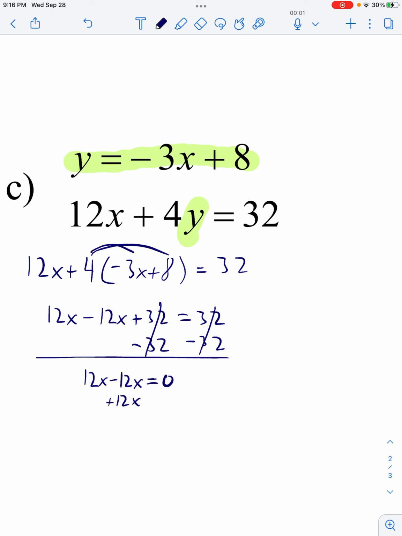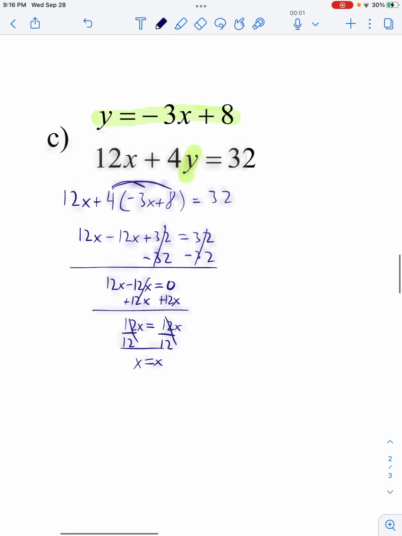Add 12x to both sides. All right, divide by 12 on both sides. We get x equals x, okay? All right, x equals x.